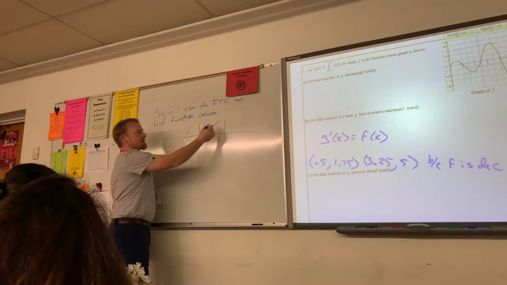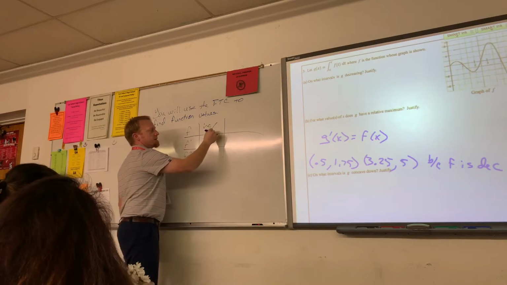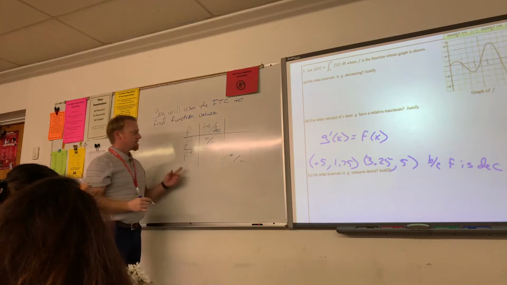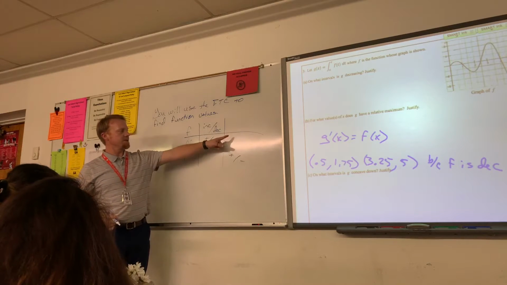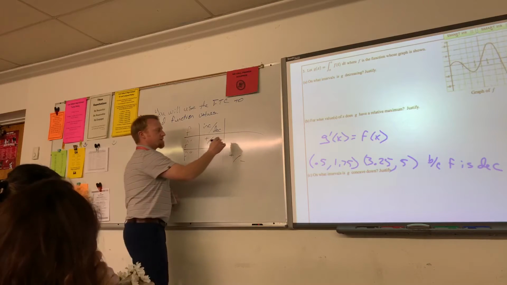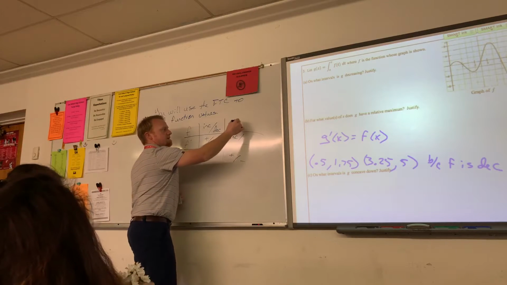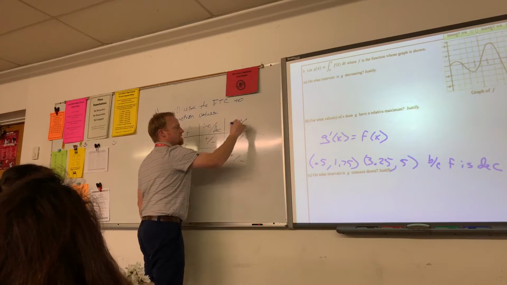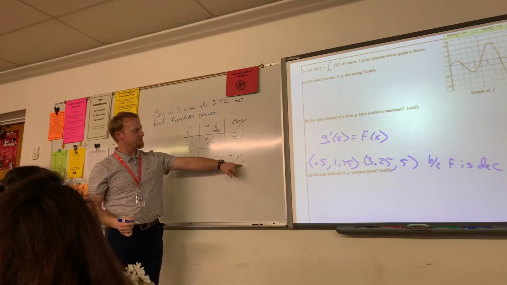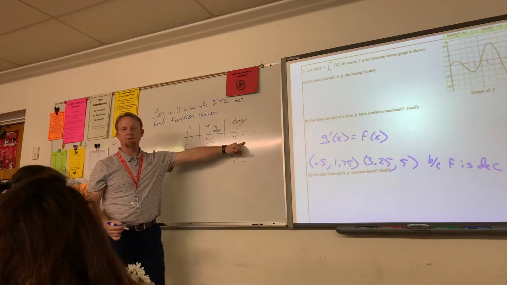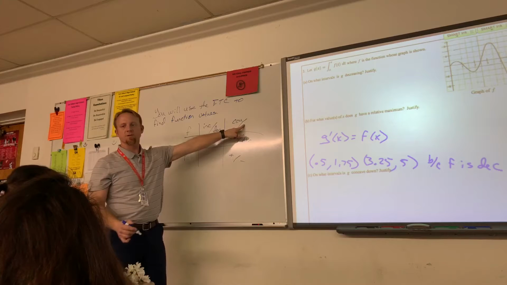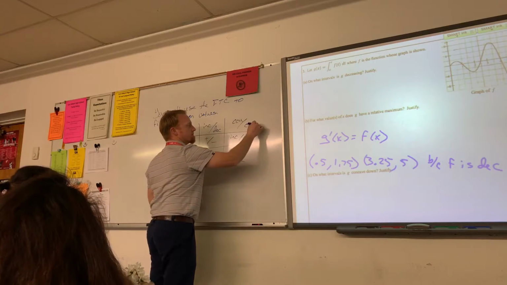If my derivative is negative, what does that tell me about f? Decreasing. And then we come over here. If the second derivative is positive, that means the first derivative is increasing, and it means the original function is concave up. If the second derivative is negative, that means the first derivative is decreasing. And that means the original function is concave down.